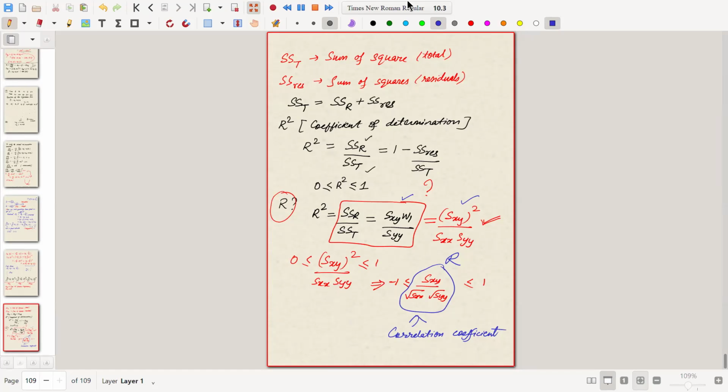So R is between -1 and 1. I disclose that it is the correlation coefficient, right? It is this formula. How many of you have seen this kind of formula for the correlation coefficient?